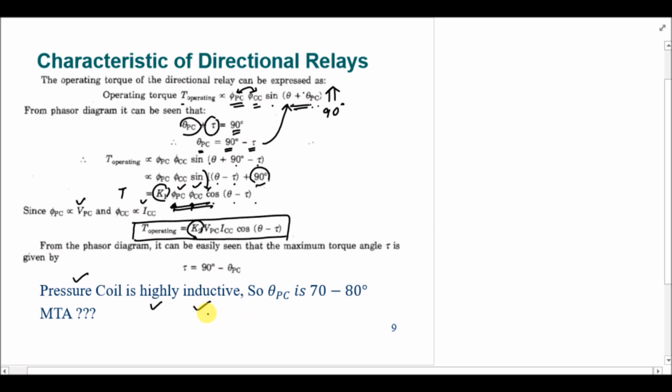So if its inductance is high, then the voltage and current angle will be closer to the 90 degree, which is approximately equal to 70 to 80 degree, and the current is lagging the voltage in case of inductor, right?